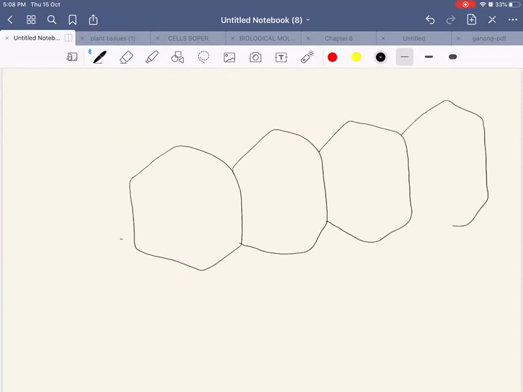Four adjacent, right? And look very carefully how I will draw this cell wall. Again, every plant cell has a cell wall, so every plant cell will be represented by a double line.